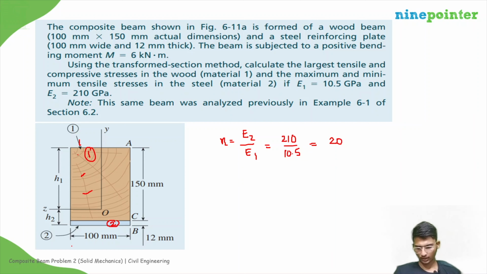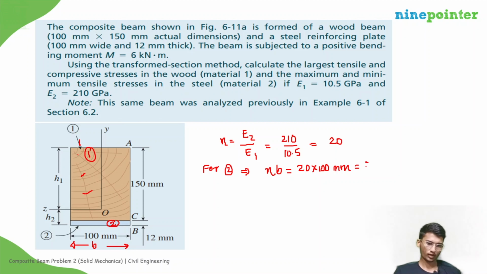So this is b. For material 2, b will become nb. So nb will be equal to 20 into 100 mm, that will become 2000 mm, that means 2 meters.